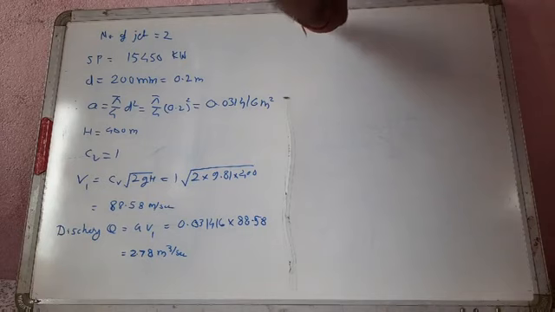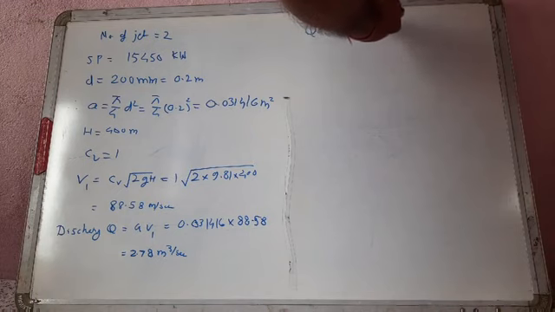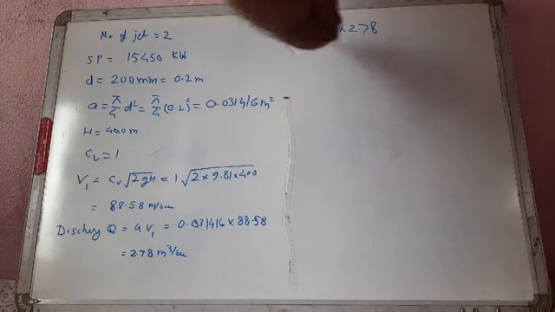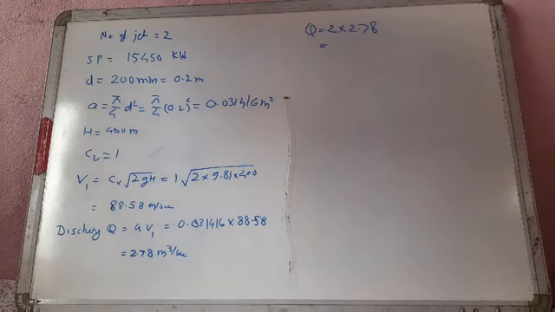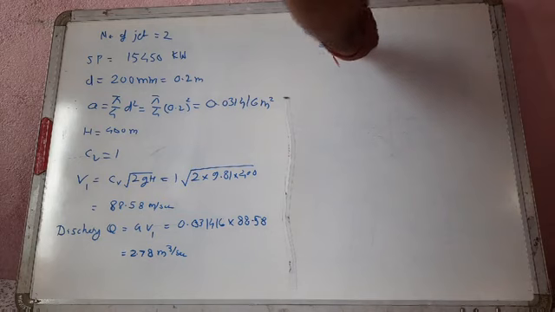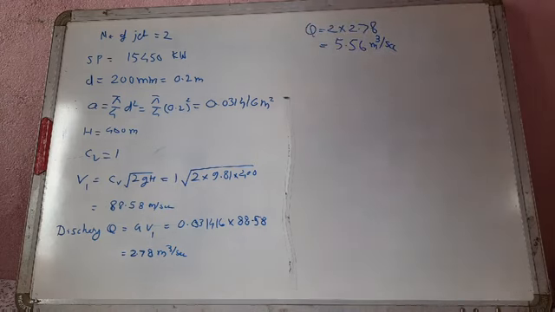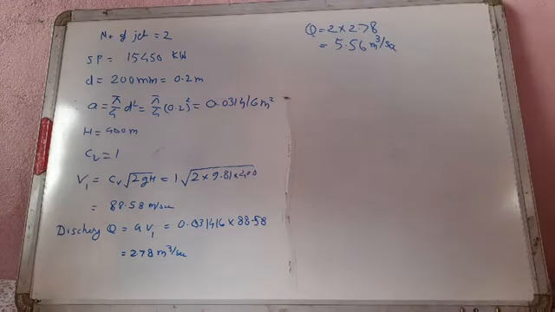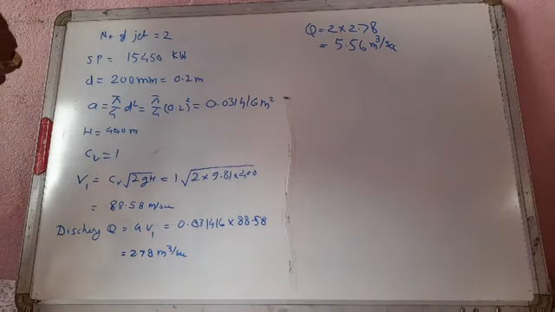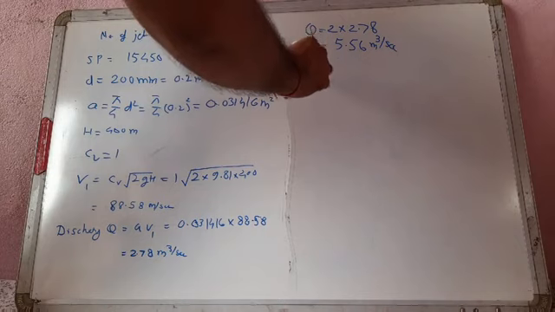So the total discharge Q equal to 2 into 2.78, so the total discharge comes 5.56 meter cube per second.